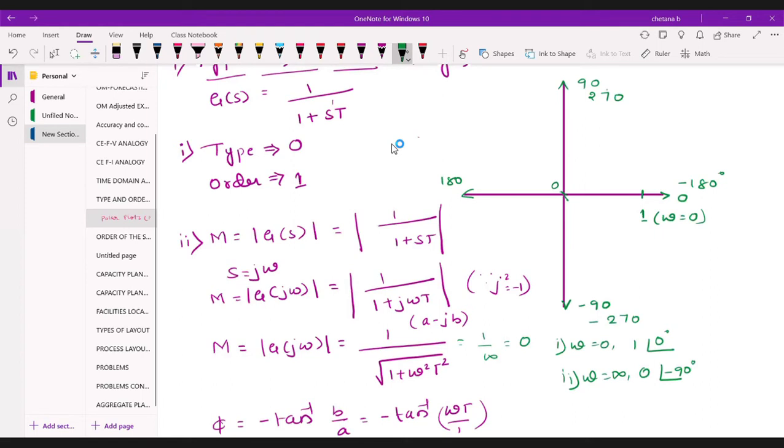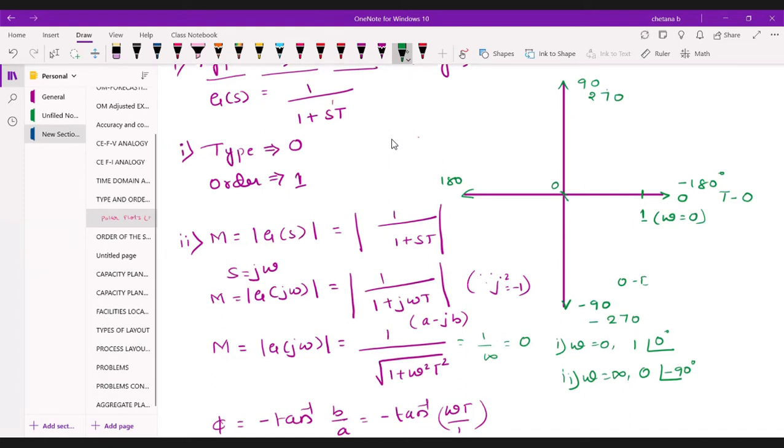The first thing you need to understand is that it is type 0 and order 1. So this should lie in this quadrant, that is type 0 and order 1. So this is 1 and this is 0, minus 90. You need to touch the minus 90 degree line. So which is the minus 90 degree line? This is the minus 90 degree line.